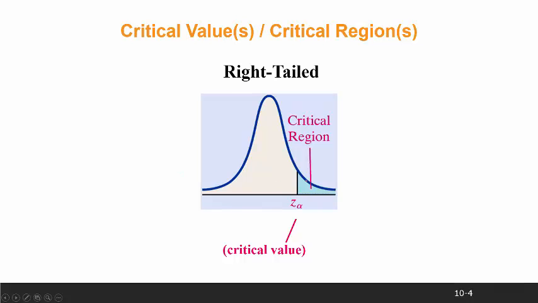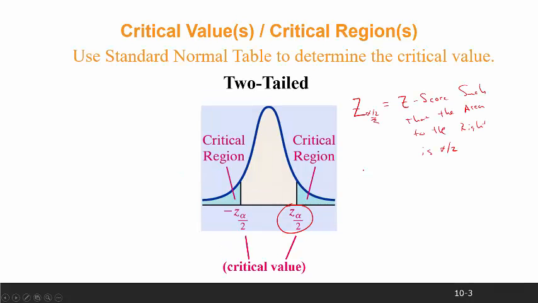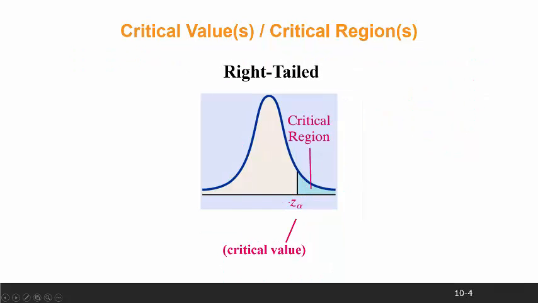So we have a right-tailed test. These are tests that involve greater than. Two-tailed are, I think, different or changed or differs. So here you'll notice there's only one critical value for right-tailed tests, and it's z of alpha. It's just like it is here, a z-score such that the area to the right is alpha.